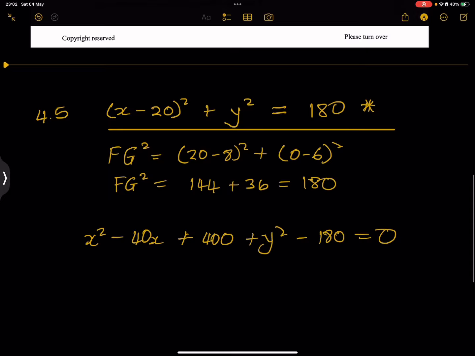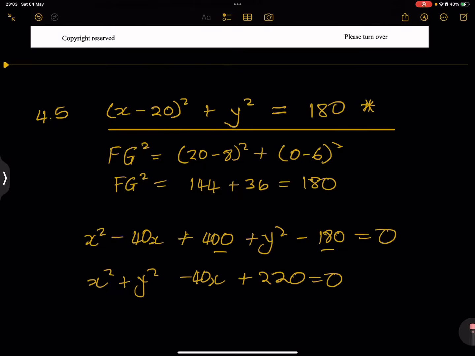So x squared plus y squared minus 40x, and 400 minus 180 gives us plus 220, which is equal to 0. So that is the equation of the big circle.